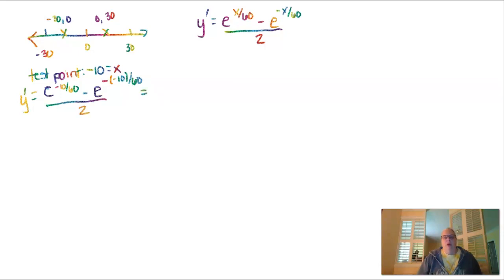Now remember, all I really care about is whether this answer is positive or negative. So I'm going to put this in the calculator, and this is giving me negative 0.167. This is a negative answer, so that means it is decreasing over there on the left.